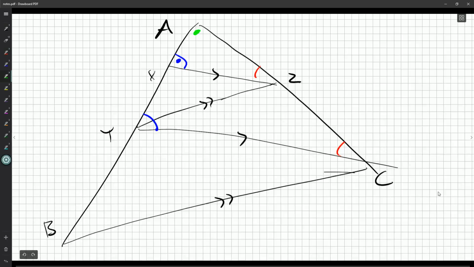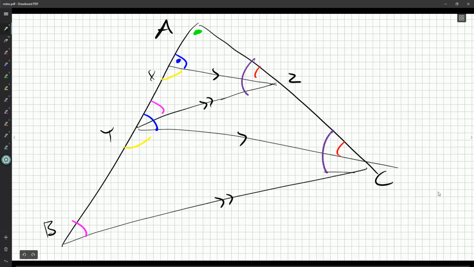We also have this nice big common angle up here at A that we might be using. Also, these angles are the same. And then what else have we got? With the other set of parallel lines, we've got these two purple angles are the same, and the pink angles are the same.